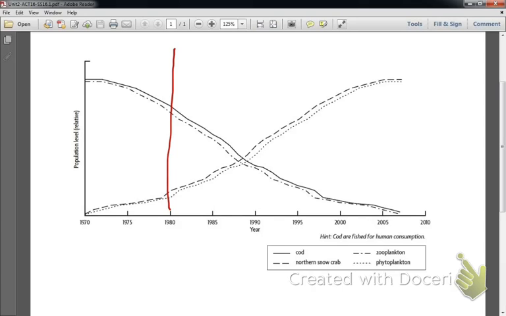So in 1980, put a little dash, and describe what the ecosystem looks like at that time. Very astutely, like they said in this first group, the number of cod and the zooplankton are going down. The number of northern snow crab and phytoplankton are increasing. That's all you got to write.